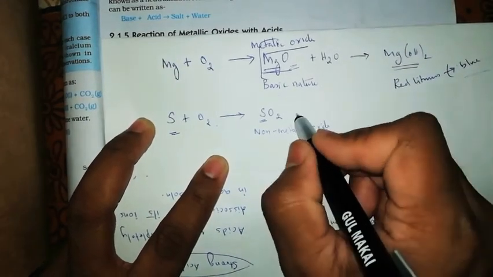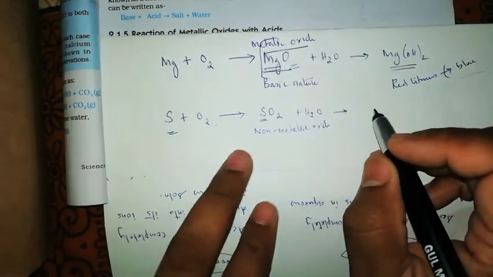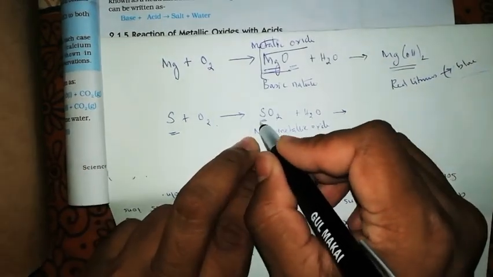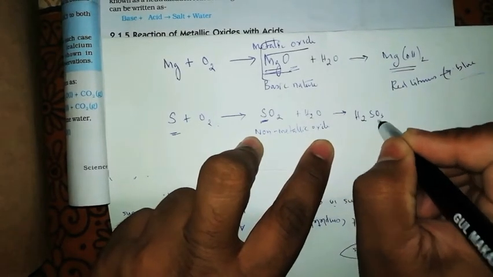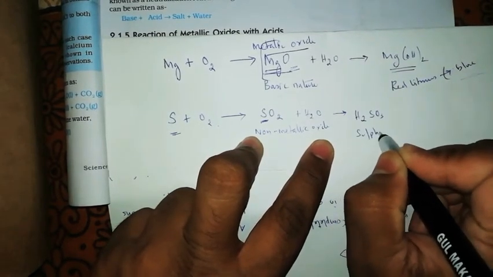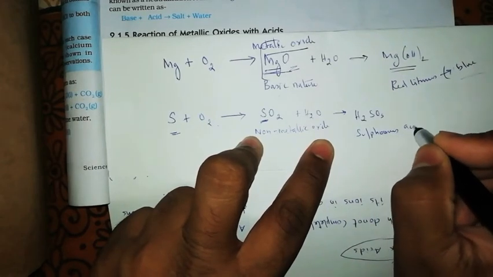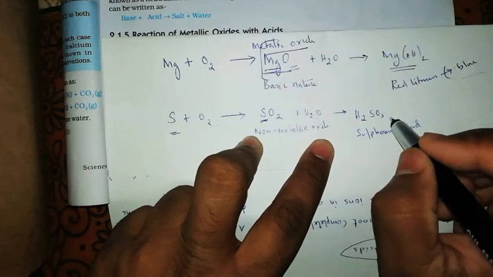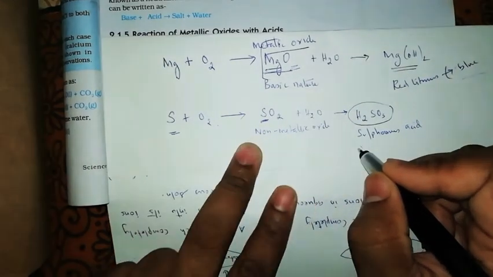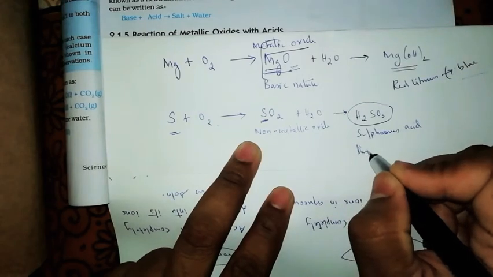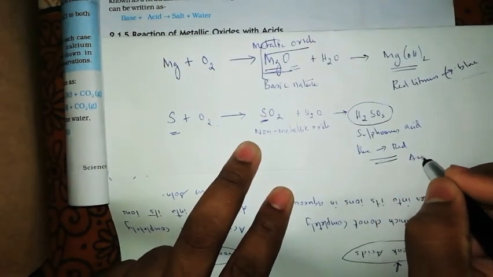What happens when we add water into a non-metallic oxide to test whether it is acidic or basic? It becomes H2SO3, and this is sulfurous acid. And when we test the sulfurous acid with blue litmus paper, it changes to red color and shows that it is acidic in nature.